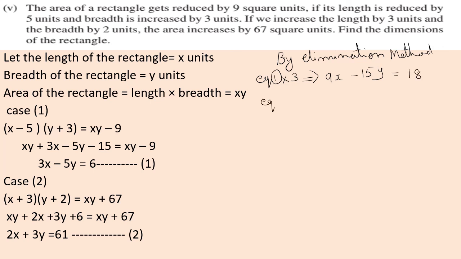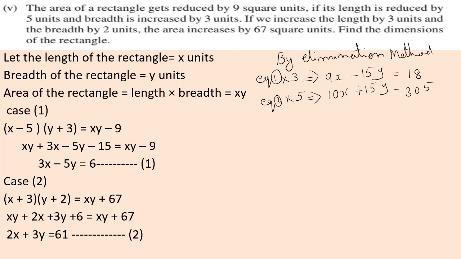Same way, equation 2 must be multiplied by the coefficient of y in equation 1, that is 5. So you have to multiply equation 2 by 5. You are getting 5 2s are 10x plus 15y equal to 61 multiplied by 5, that is 305.